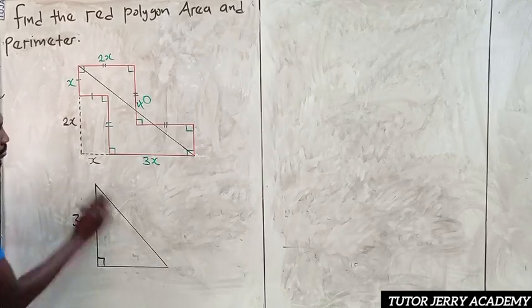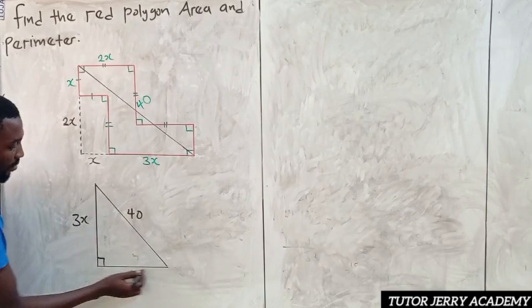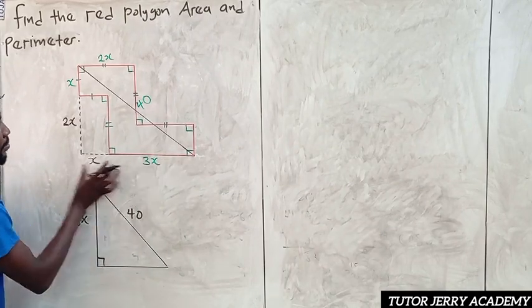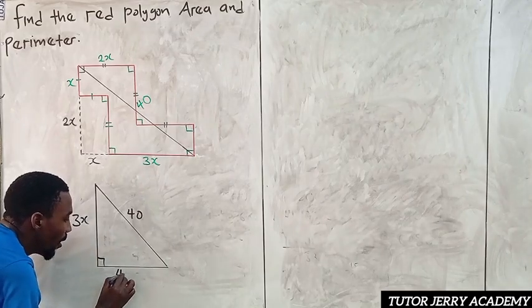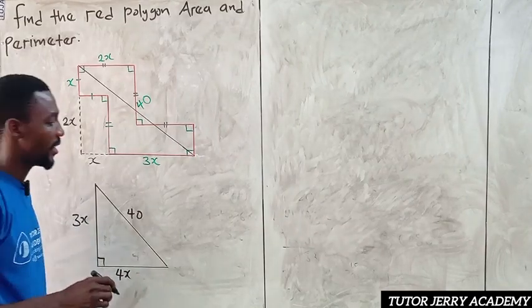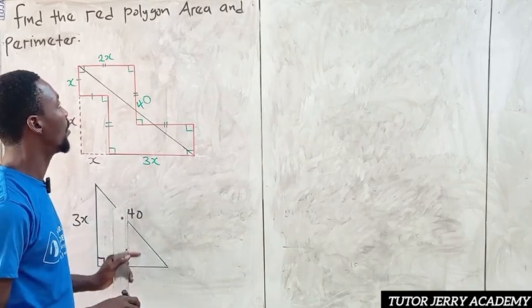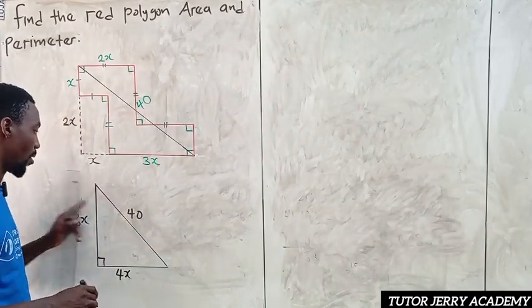All right, and the full length here is 40. Its full length here is going to be 3s plus s, which is 4s.